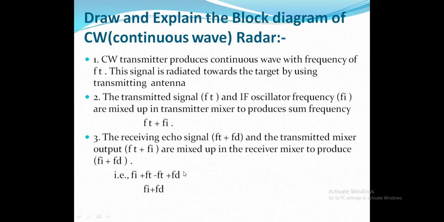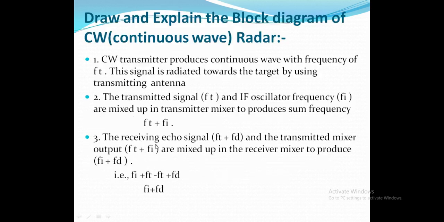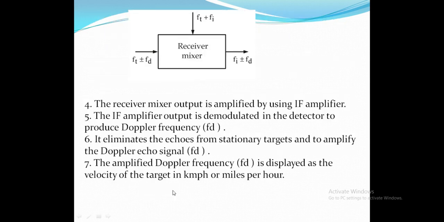The received echo signal and the transmitter mixer output are mixed, so the overall output is Fi plus or minus Fd.